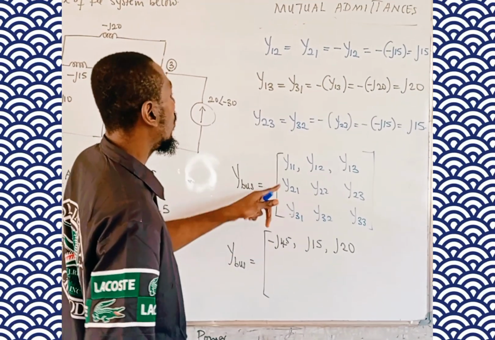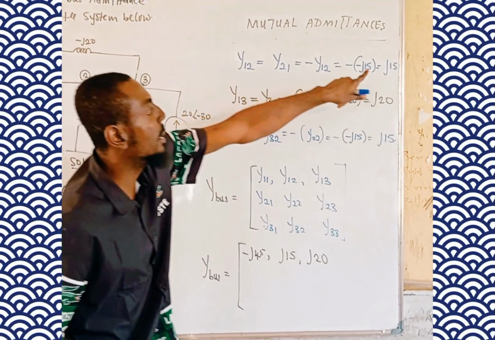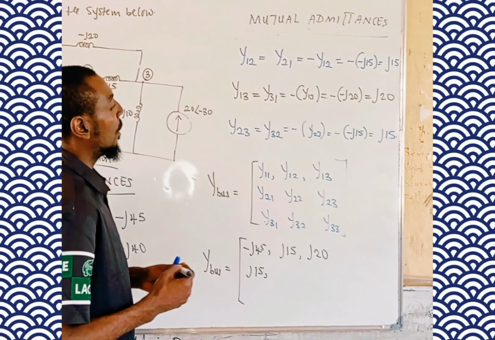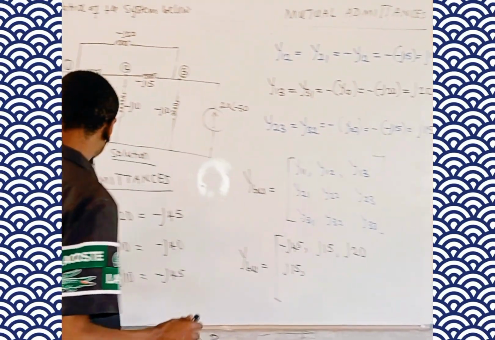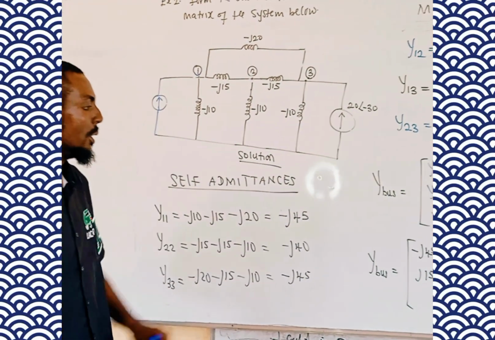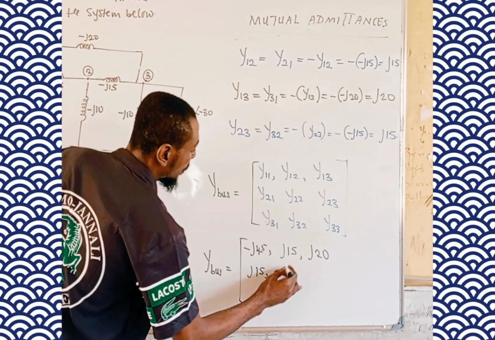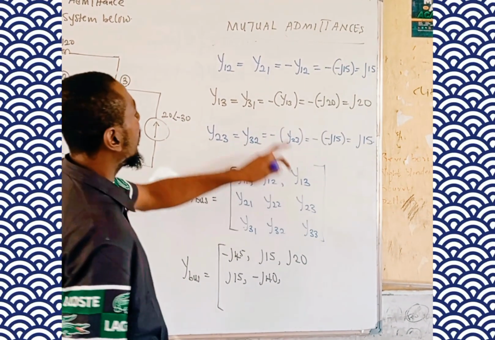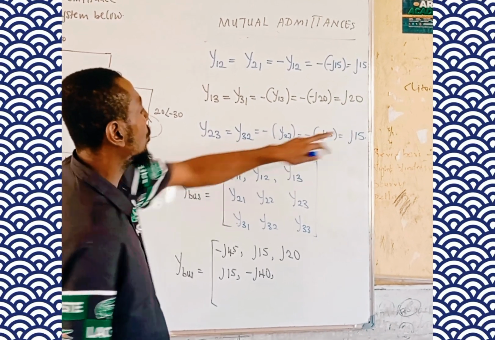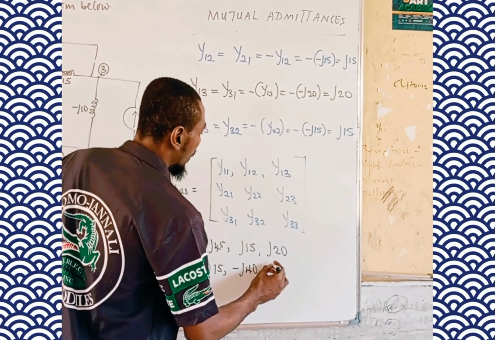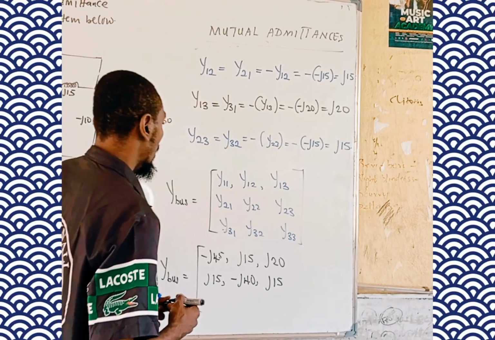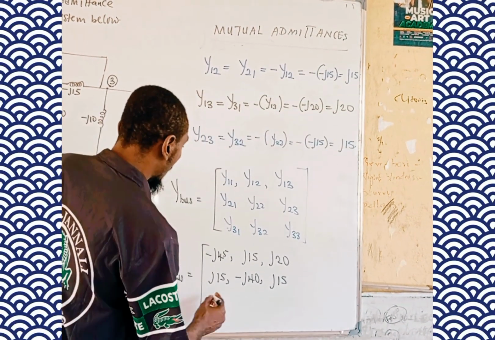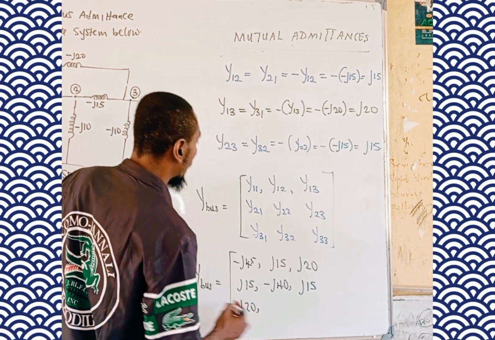Coming to Y21, it maintains the same final answer, J15. Y22 is minus J40. Then Y23 is the same as Y32, and we have J15 as the final answer. The next is Y31, which has the same value, J20.